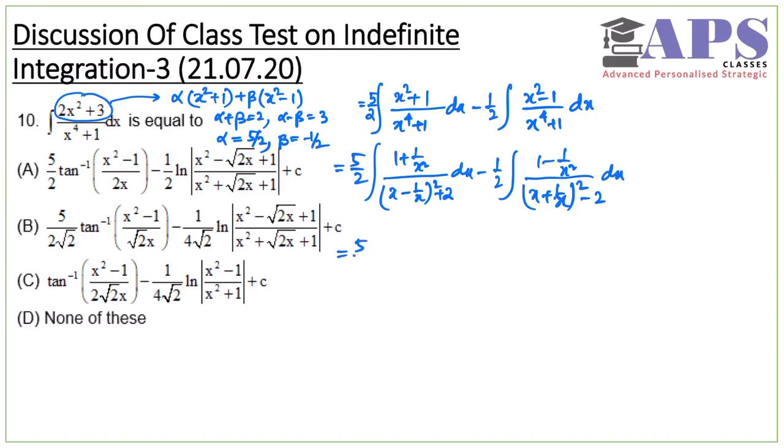This is 5 by 2 into 1 by root 2 tan inverse of (x minus 1 by x) divided by root 2.